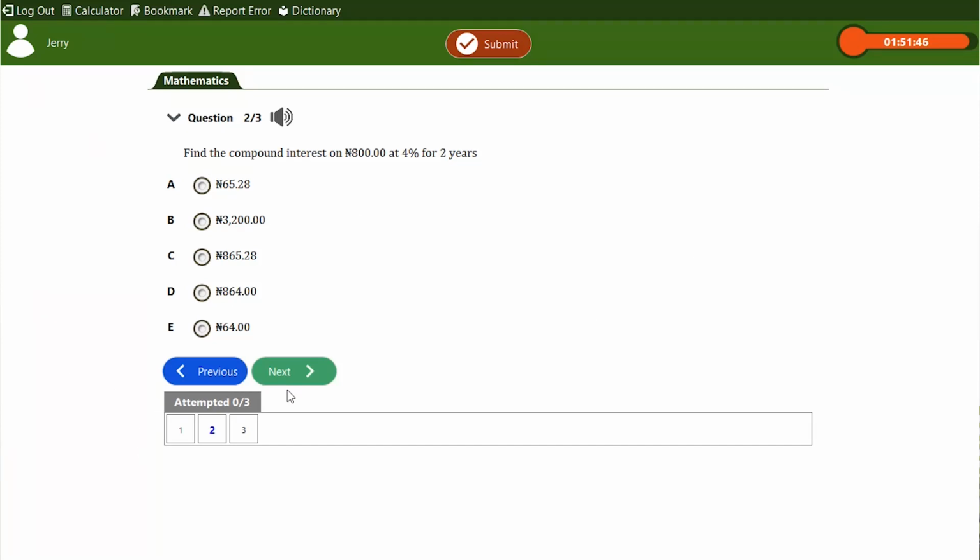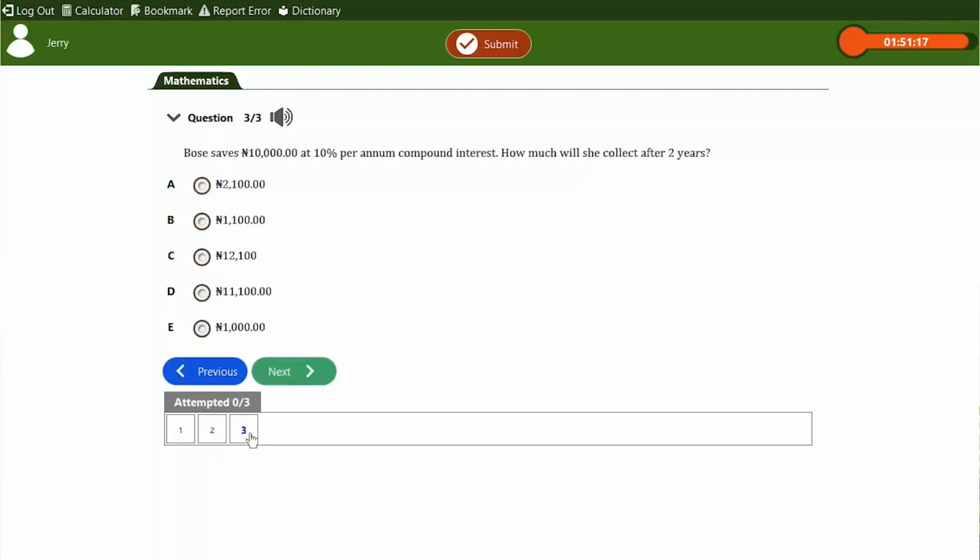You solve the question and post on the comment section, okay? The question is, find the compound interest on 800 naira at 4% for 2 years. Find the compound interest, okay? Then an additional question I'm asking there too is, find the compound amount. What is the compound amount at the end of 2 years, okay?